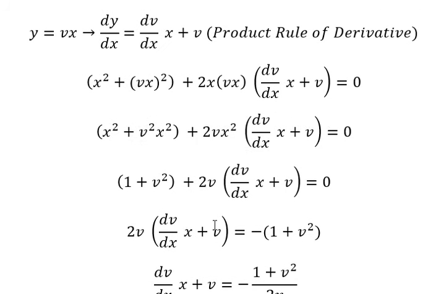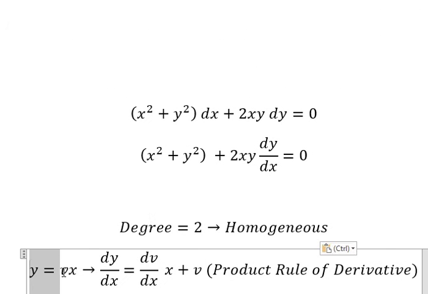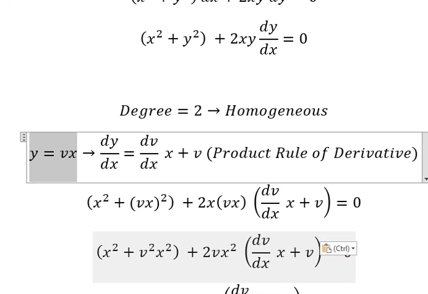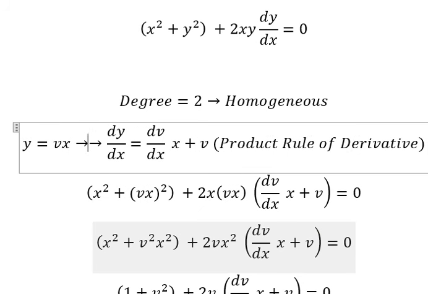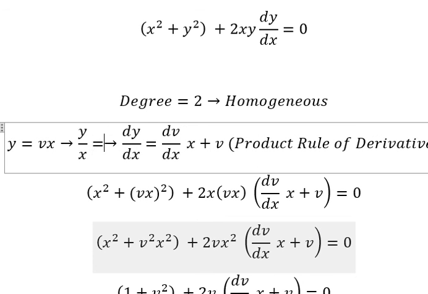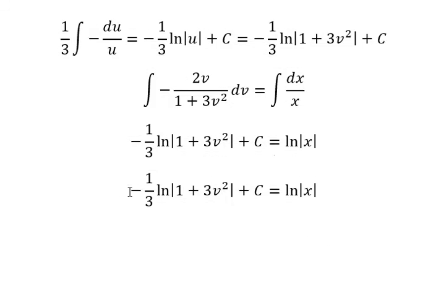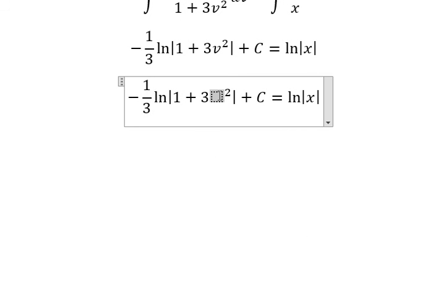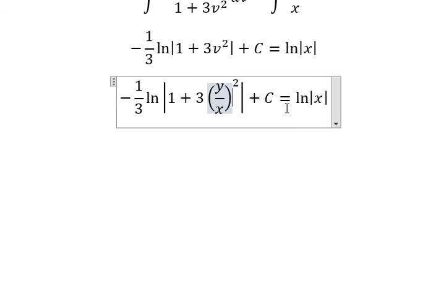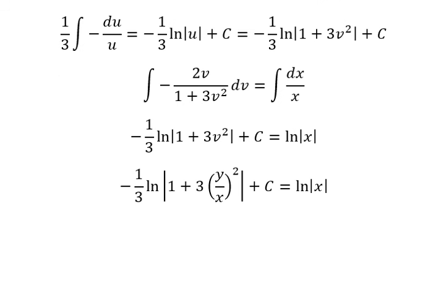About v, that is this one. So we need to divide both sides by s. And then we need to change v into y over s. And this is the final answer. This is the end. Thank you for watching.